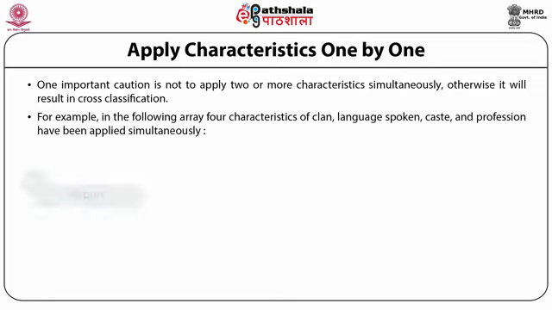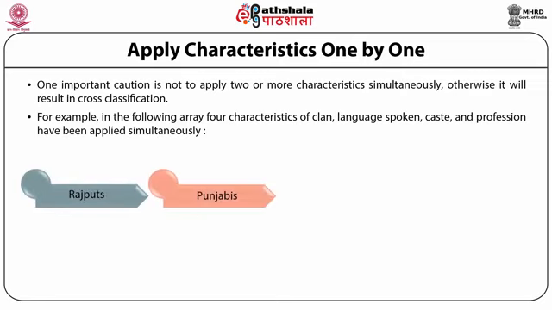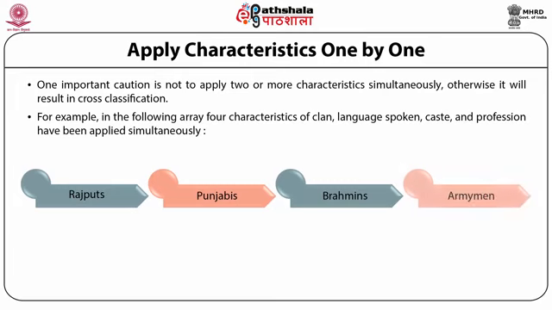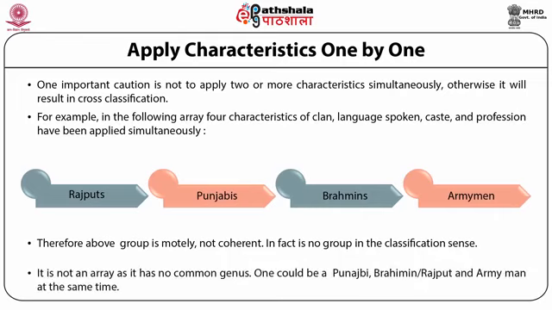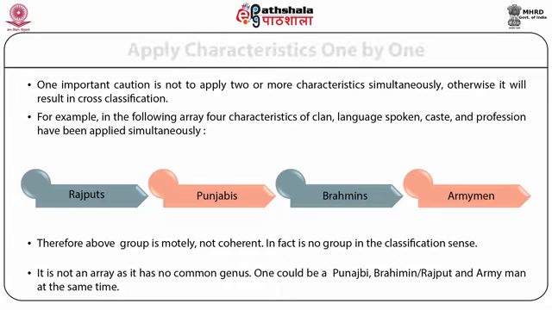The array: Rajputs, Punjabis, Brahmins, army men. Therefore, the above group is not coherent. In fact, it is no group in the classification sense. It is not an array as it has no common genus. One could be a Punjabi Brahmin or Rajput army man at the same time.